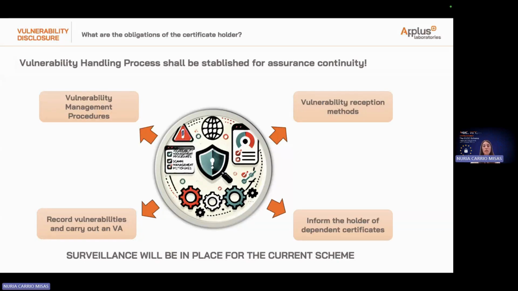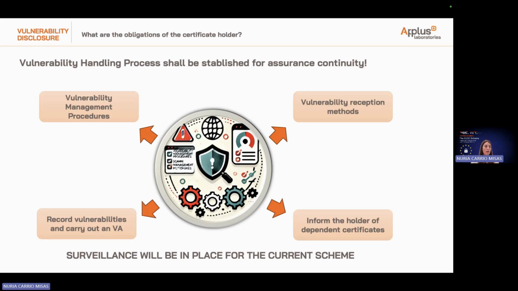And a very important point is to inform the dependent certificate holders. As you know, there are a lot of products based on a composite evaluation, meaning that a vulnerability on lower levels of this product can affect upper levels of other products that depend on the certificate.